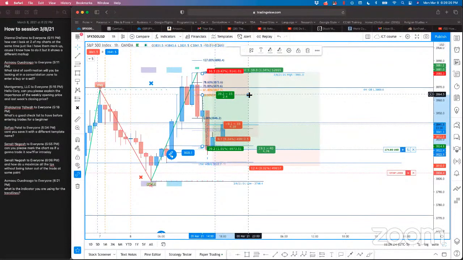Already up. If this comes back at any point of the day, night, weekend, whatever, I could take a partial whenever I want to, or I could just let this stop me out at break even. Who cares, you know? That's how you let your trades run though.